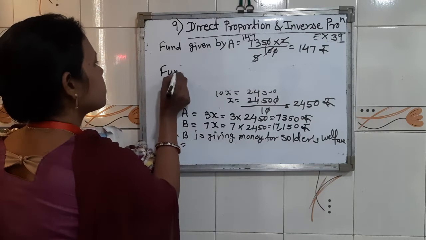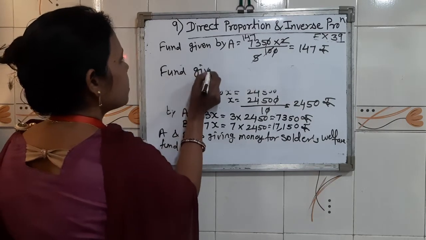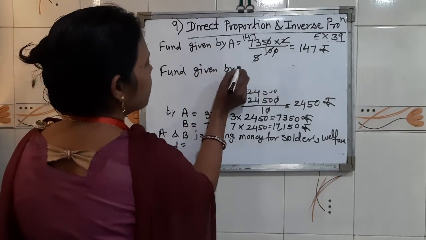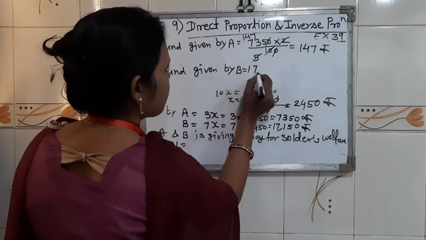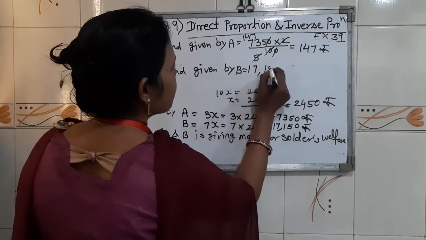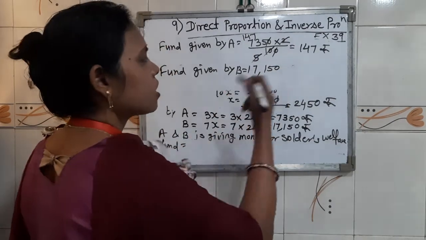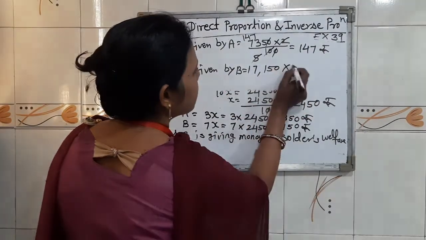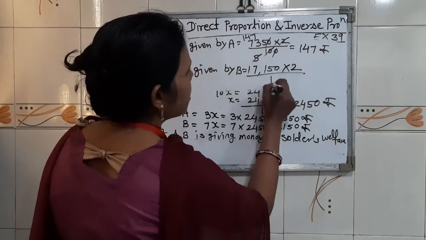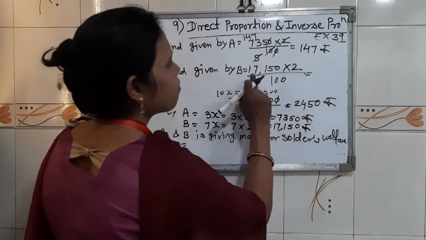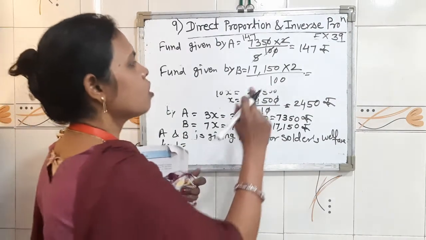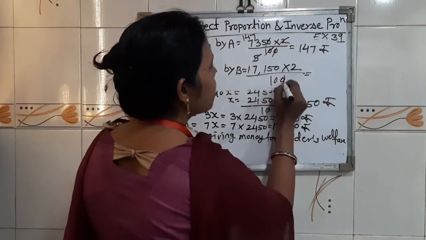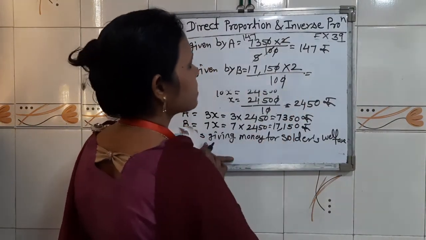Now fund given by B equals 17,150, the investment B has done, divided by 100. 17,150 into 2 upon 100. What will you get? First the zeros will cancel.